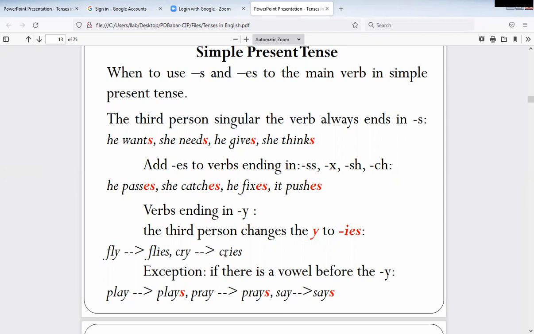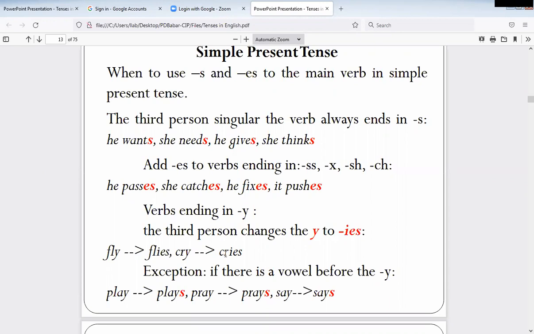And when double s, x, sh, or ch comes at the end of the verb, we add the es suffix.